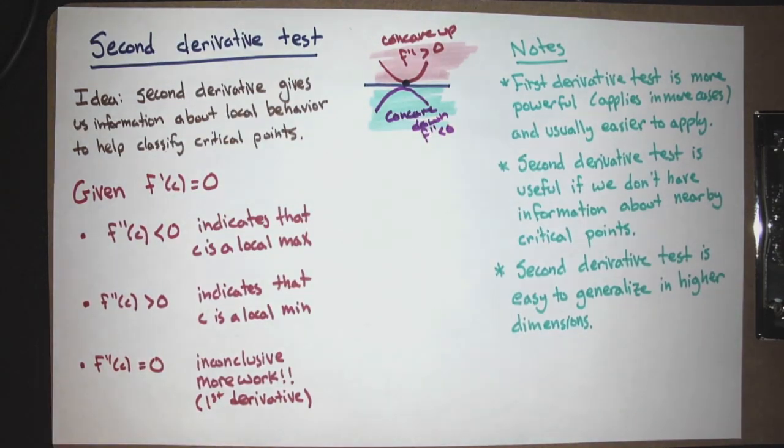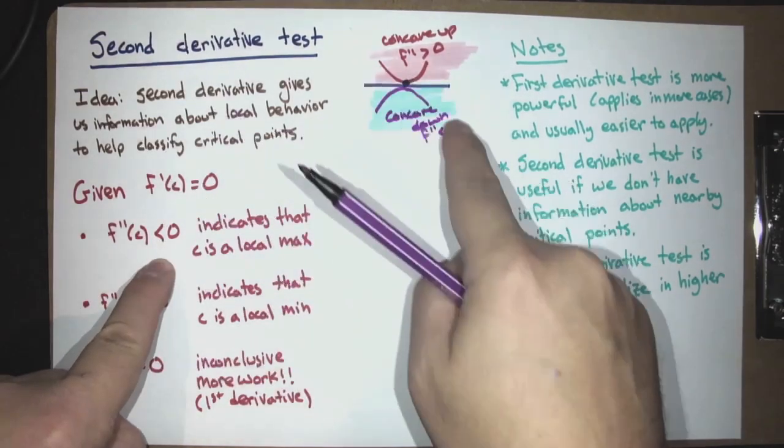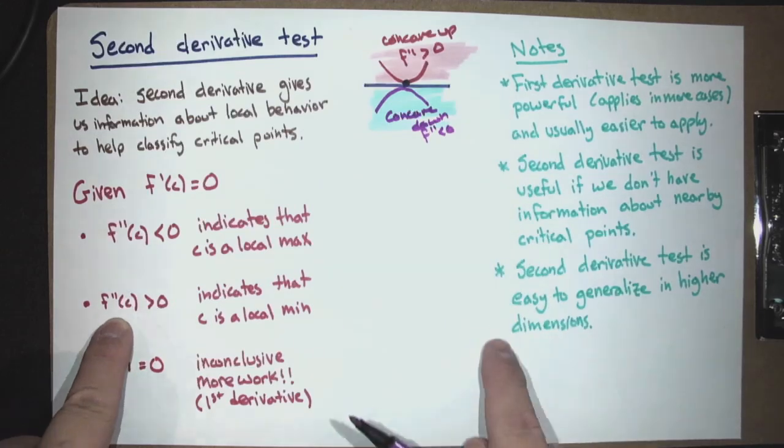So that's basically the essence of the second derivative test. It says, let's look at the second derivative. How am I bending off that tangent line? Am I bending up? If I am, I'm at a min. Am I bending down? If I am, I'm at a max. So, if the second derivative is negative, we went down, we're a max. Second derivative is positive, we went up, we're a min.